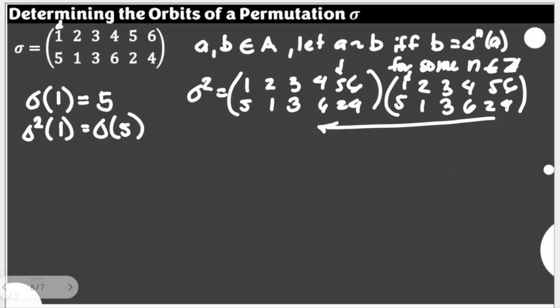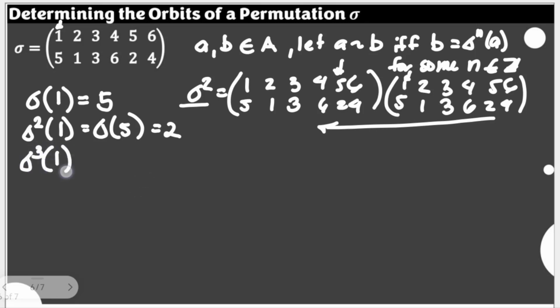So if you take the square of sigma using 1, the orbit containing 1, you focus now on the mapping of 5, which is to 2, because 5 is mapped to 2. So 5 and 2 are part of the orbit containing 1. But we do not stop there, because we need to continue.